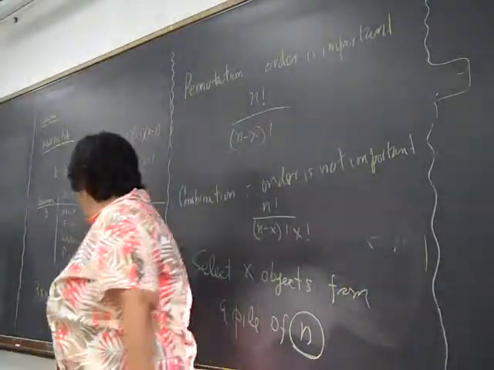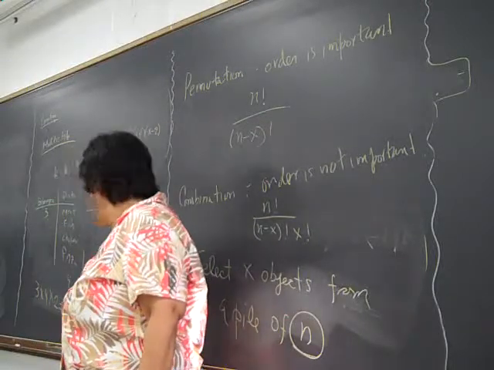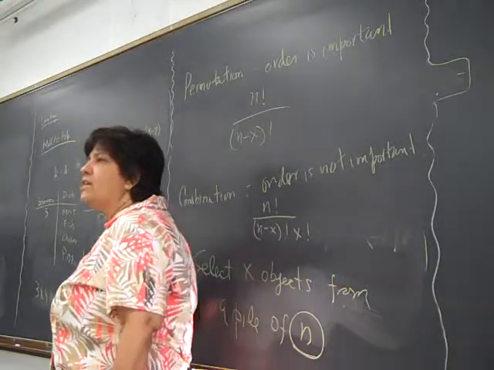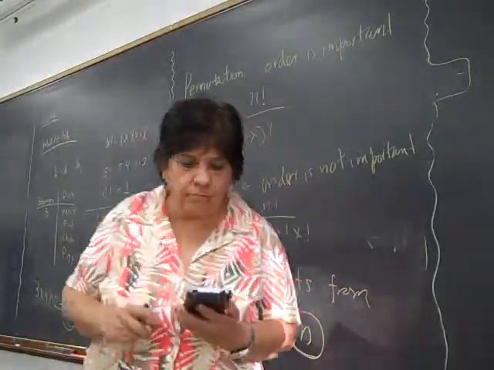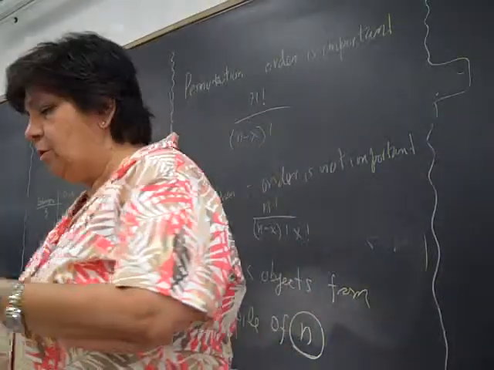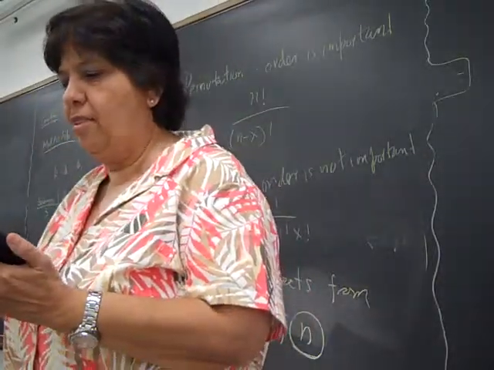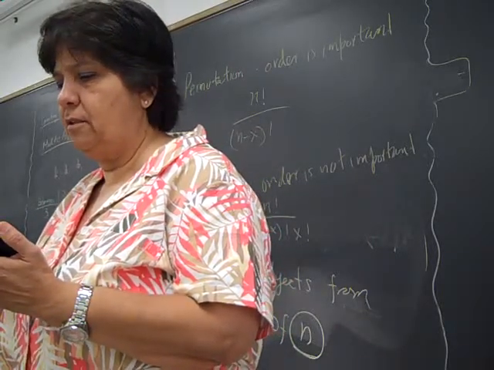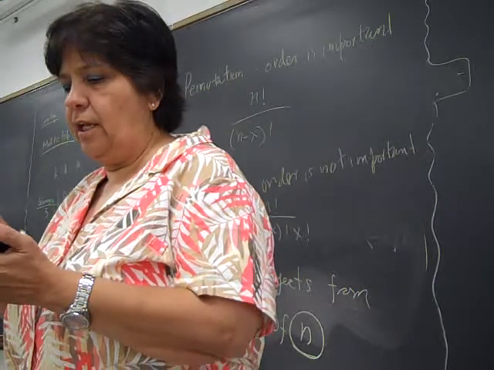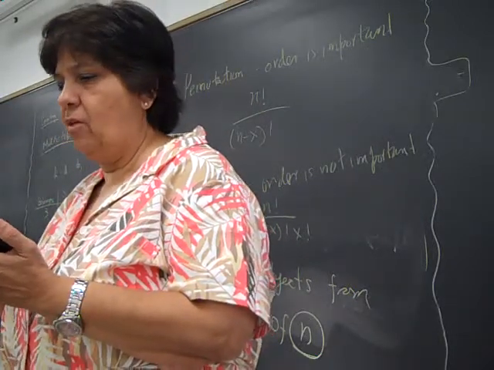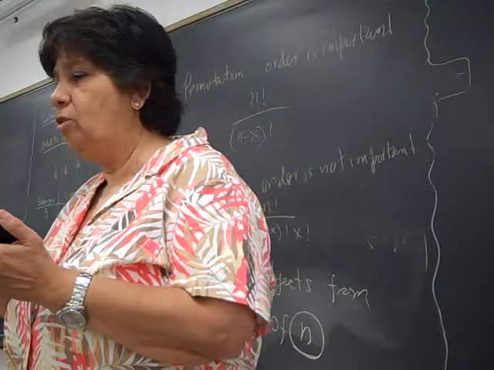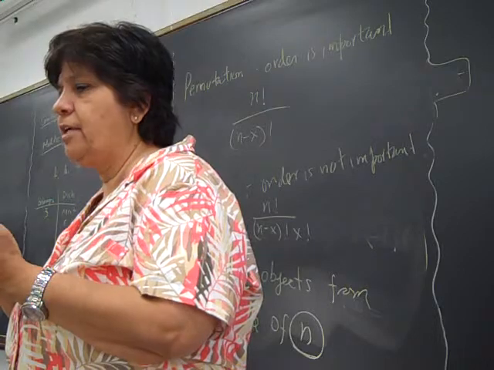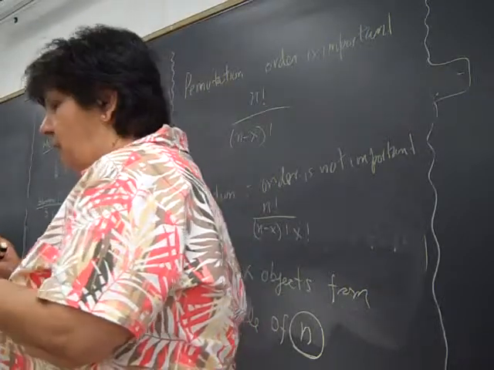From a pile of n, I'm going to select, using combinations, x number of elements. So I have to say 50, then math, go to probability. Then go to combination, that is number 3, then enter, hit 3, and hit enter.